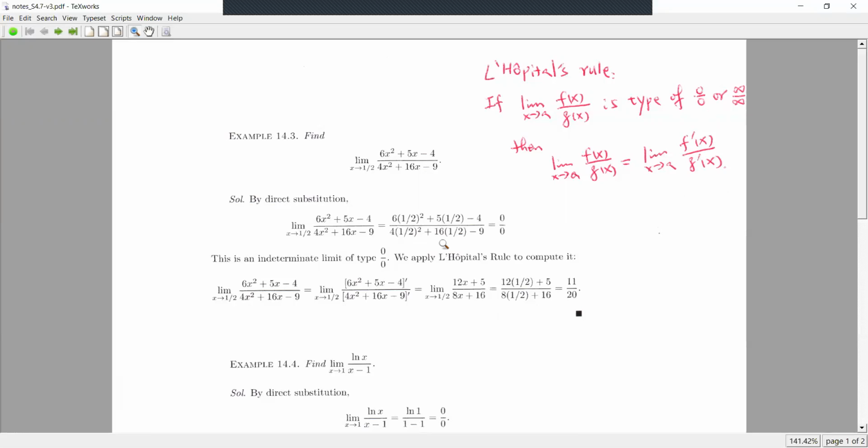This is a difficult limit of the type 0 over 0, so we can apply L'Hopital's rule. Take the derivative separately on the numerator and on the denominator. Then we get this limit. Now try direct substitution again. Plug in 1/2 for x. This time it works. We get 11 over 20. So the limit is 11 over 20.